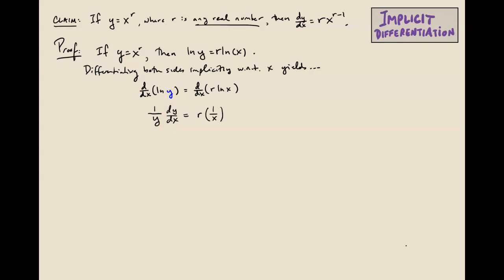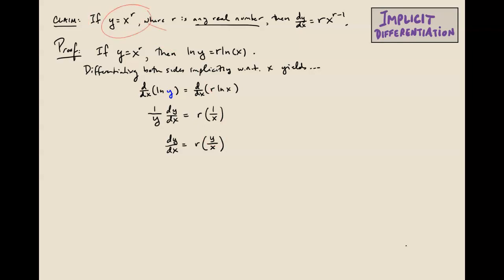To do that, I'll multiply both sides by y, which gives me dy dx on the left-hand side, and r times y over x on the right-hand side. Well, this is good, because now I have an expression for dy dx, and as is usual with implicit differentiation, I've got it in terms of x and y. But in this case, I can rewrite it exclusively in terms of x, because I happen to have an expression for y in terms of x.